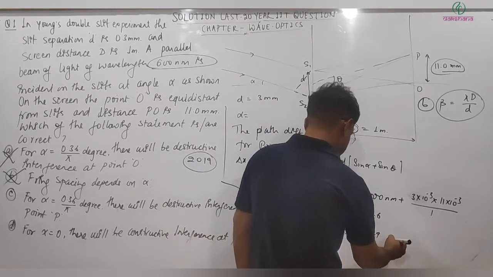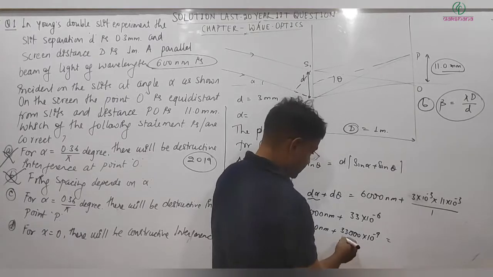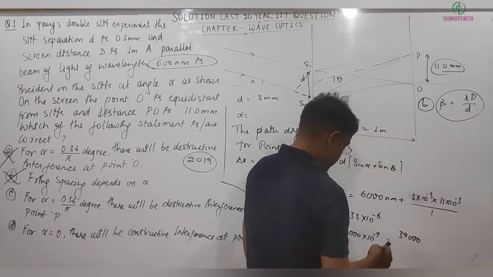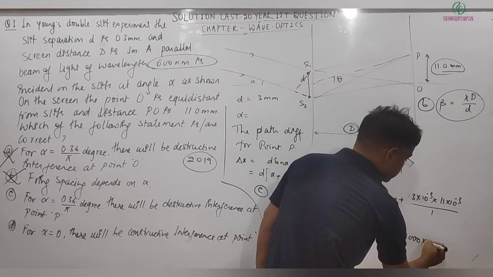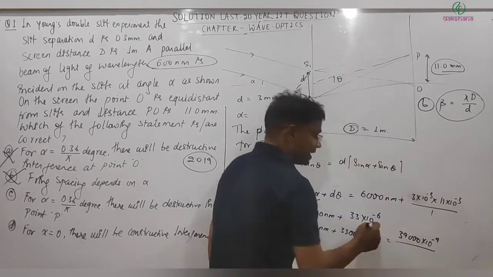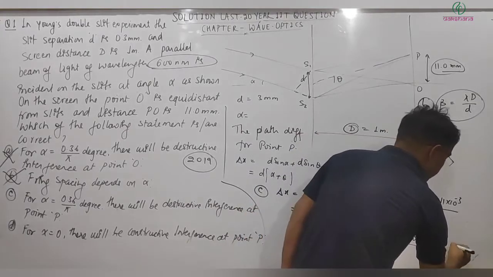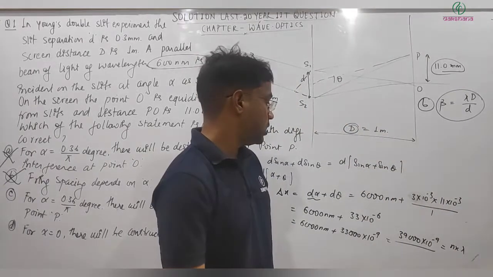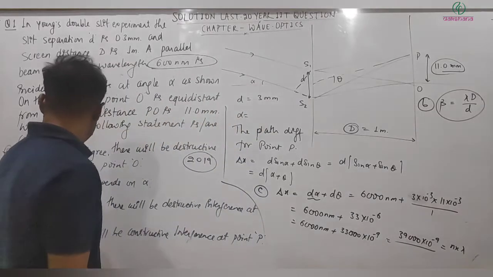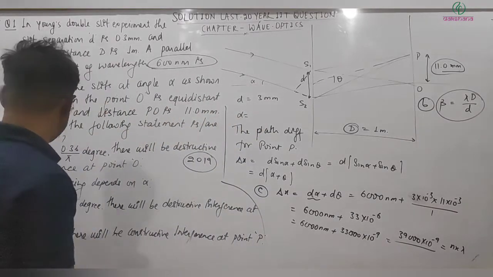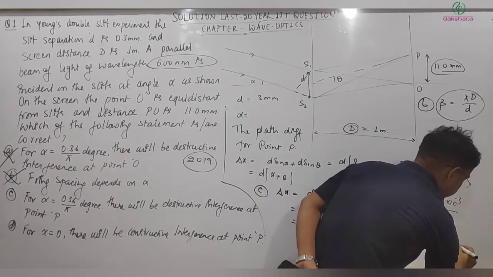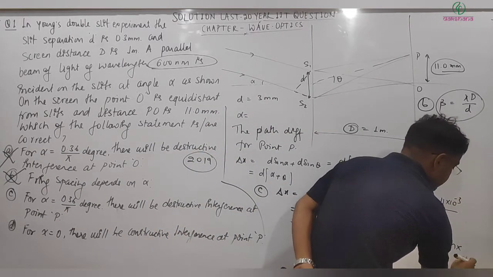So it's coming out to be basically 6,000 plus 33,000, 39,000, right, into 10 raised to power minus 9. And let me check it. This is equal to n into lambda, whether it's a multiple of lambda by 2 or lambda, because here it says there will be destructive interference at point P.